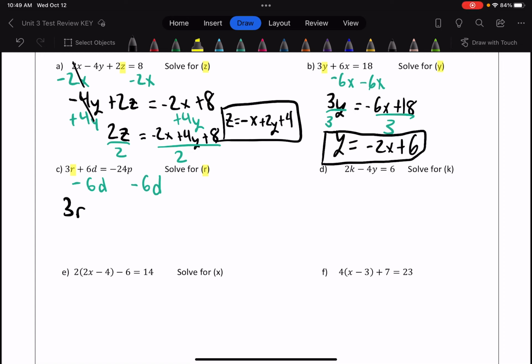That's going to leave me with 3r is equal to negative 6d minus 24p. And my last order of business is to divide each term by 3. So r is equal to negative 2d. And then negative 24p divided by 3 is going to give me negative 8p.